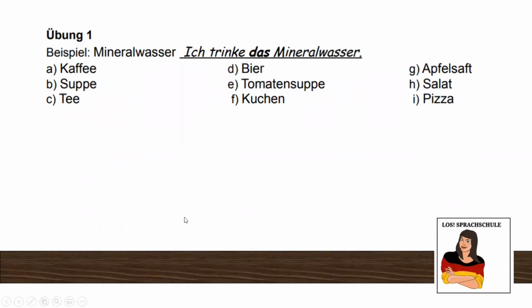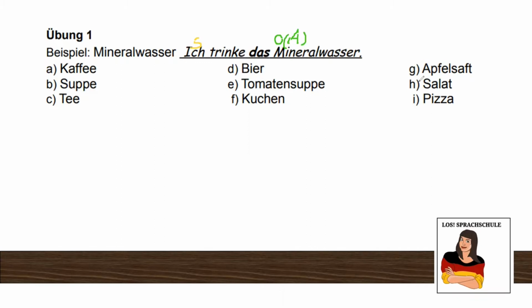Here we have a little exercise. Let's read together. The example, Beispiel, Mineralwasser. Ich trinke das Mineralwasser. So again, subject, Nominativ, I, and I drink the water, and the water gets drunk by me. So it is an object, of course, in Accusative.